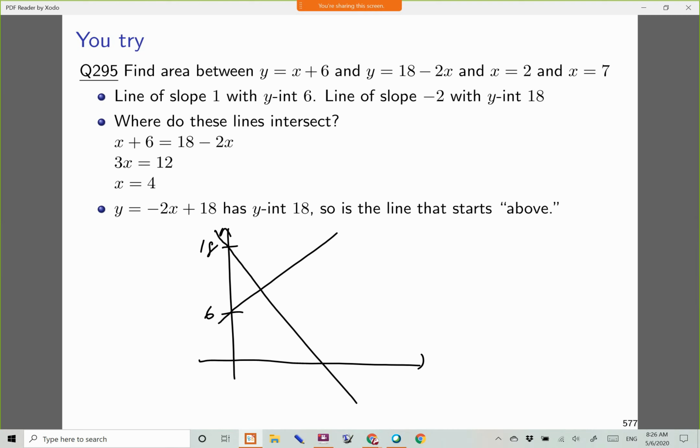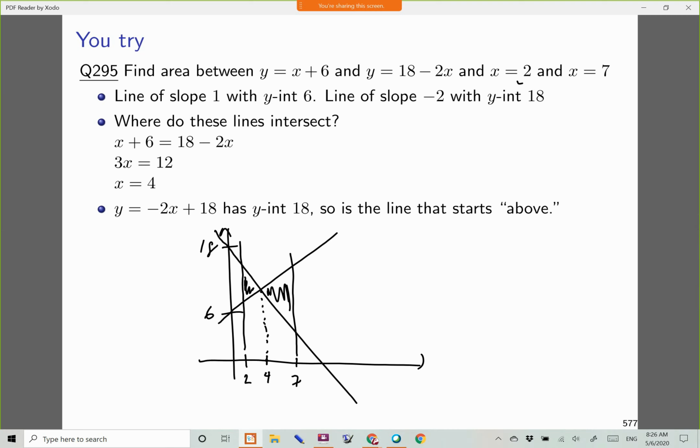We saw this intersection occurs when x is equal to 4, but the whole point is we're going to set up two integrals, because there's x equals 2, x equals 7. So vertical line, vertical line. There's this region and there's that region.